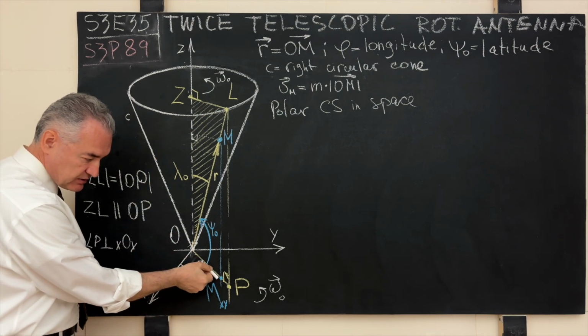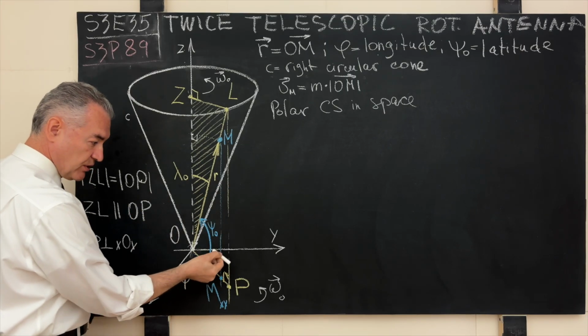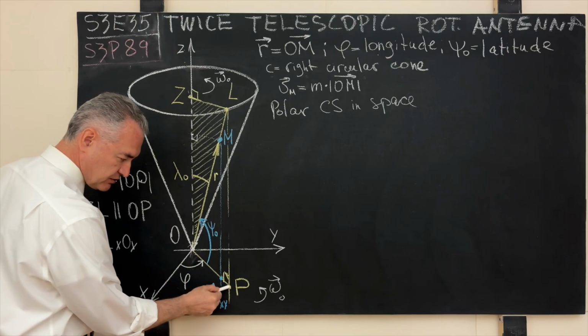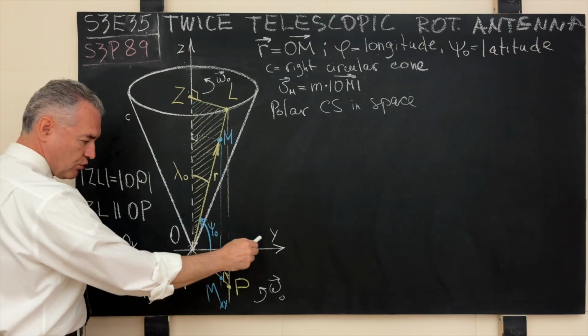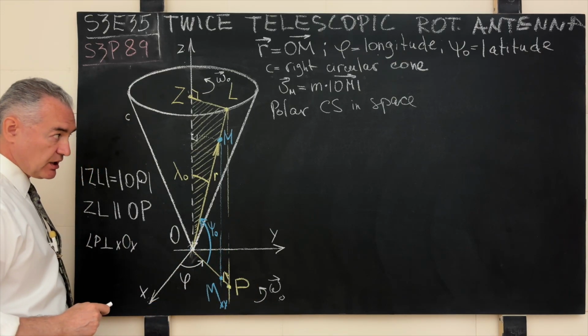That means that the straight line OP that belongs to the rotating plane also rotates with that plane with the same angular velocity. So there we have it. The straight line OP rotates in the plane XOY with the same constant angular velocity.